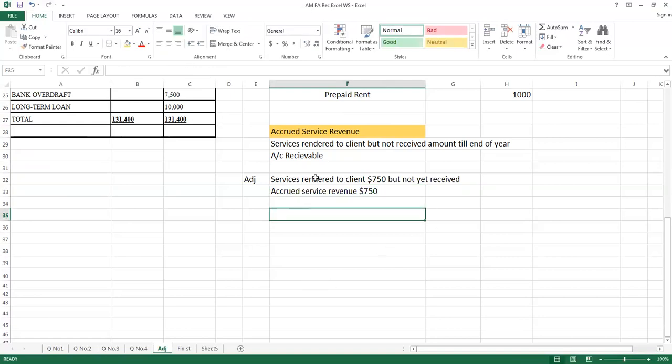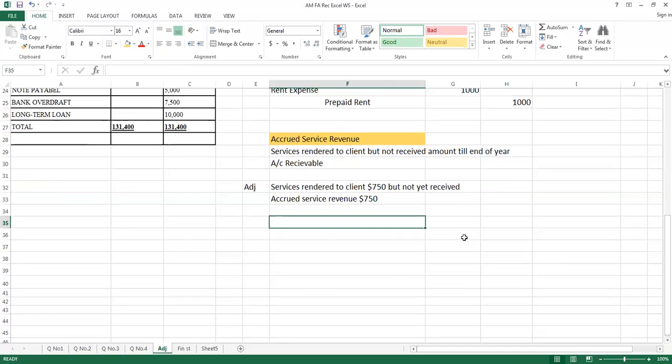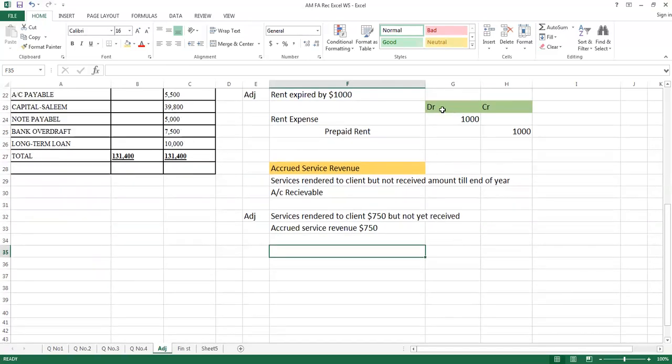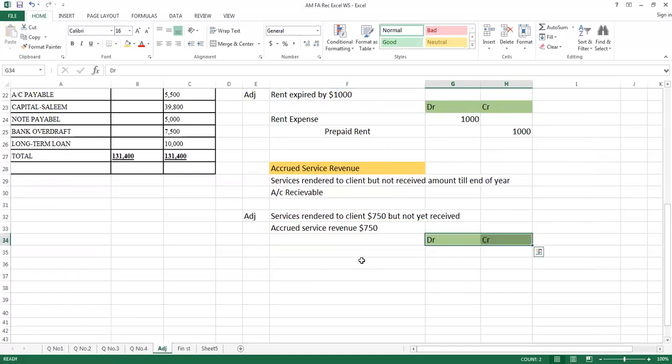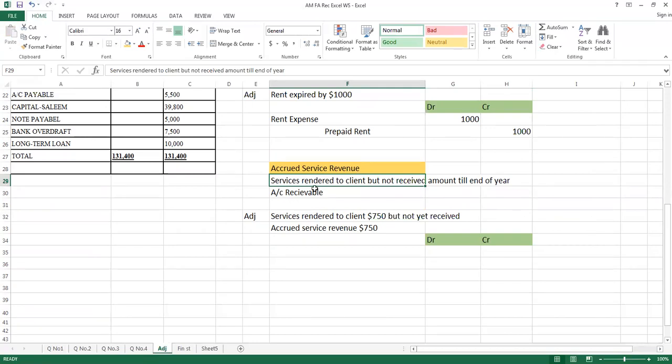So student, when this kind of entry is given, it means that the question is trying to tell you that this is the amount which is not received by the business. So technically speaking, services rendered to client but amount not received till the end of the year.